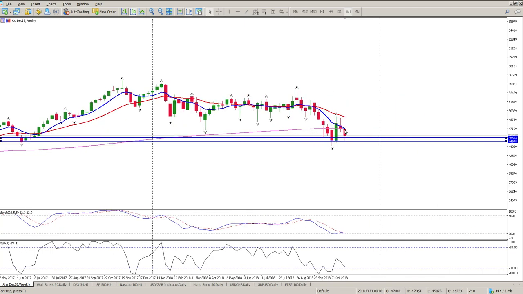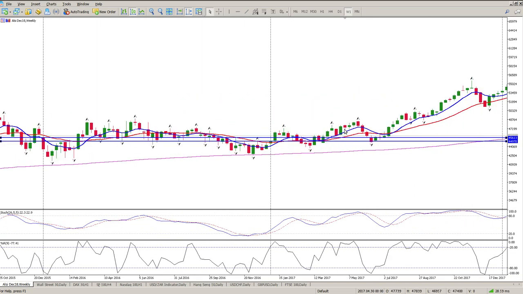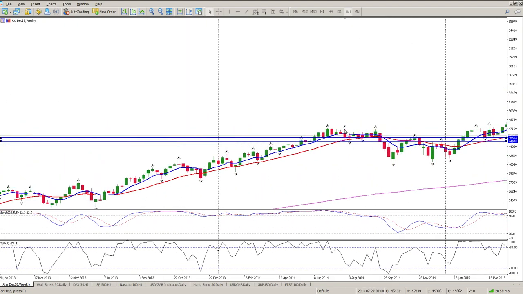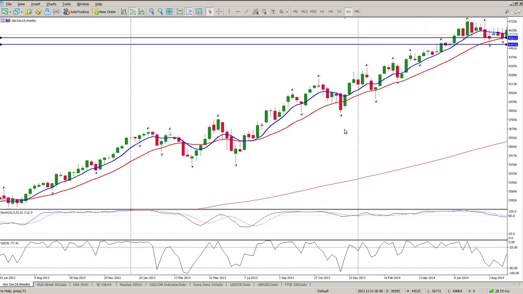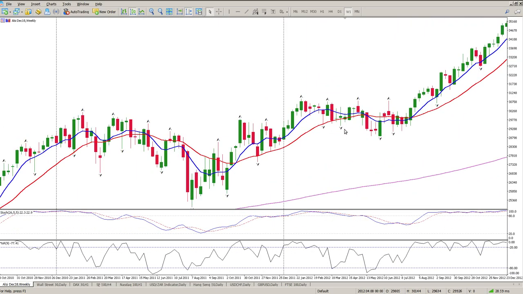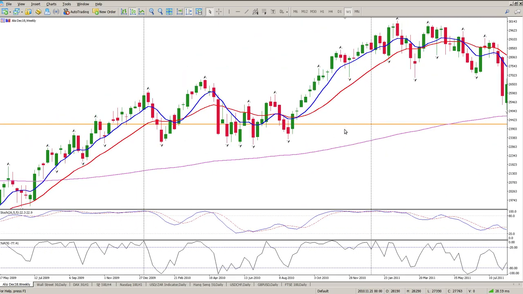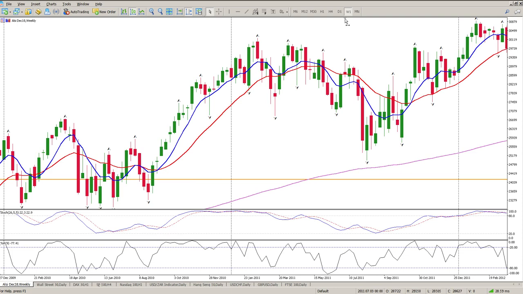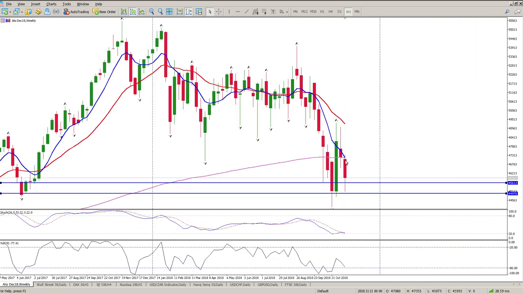We are below the 200 moving average on the weekly. The interesting thing to note is that, let's never say never, but back in 2008, 2009 was the last time we were below the weekly 200 moving average, and we are currently below it at the moment.